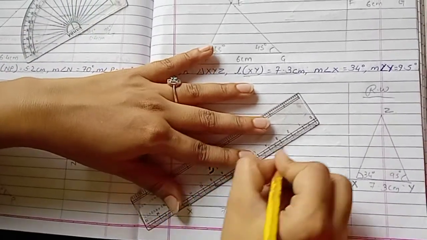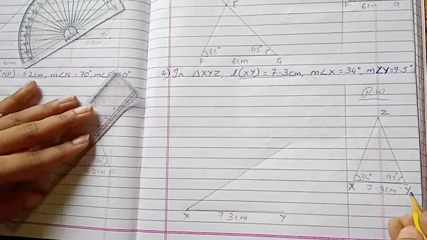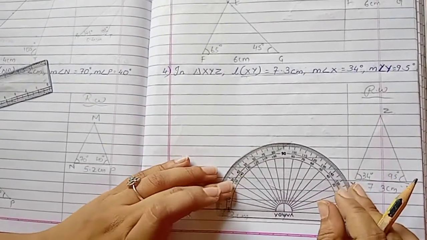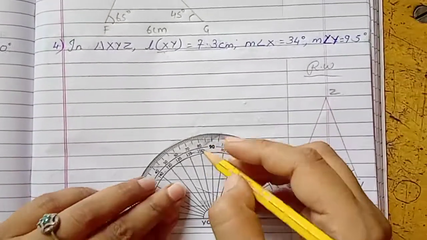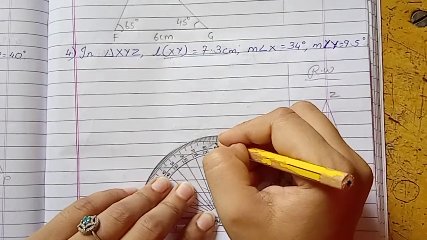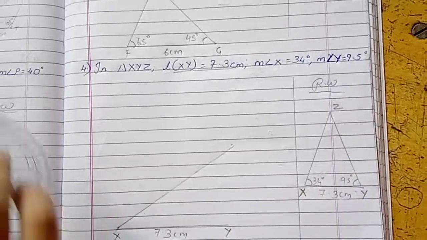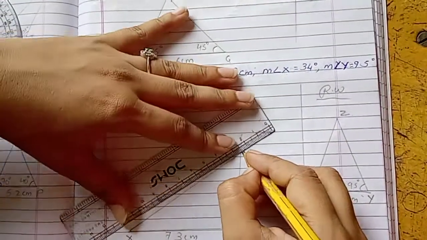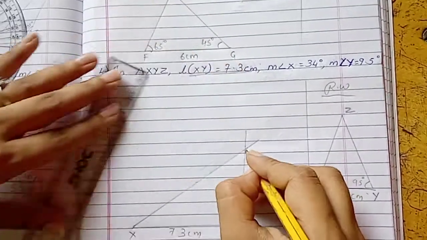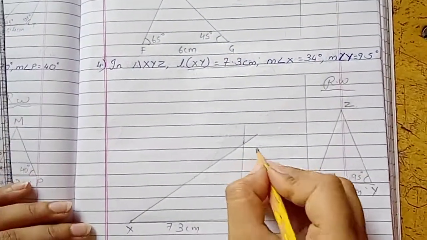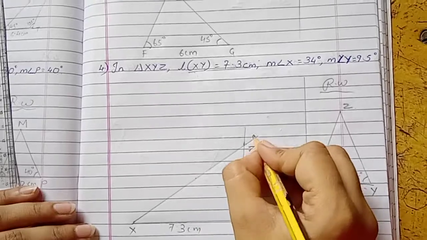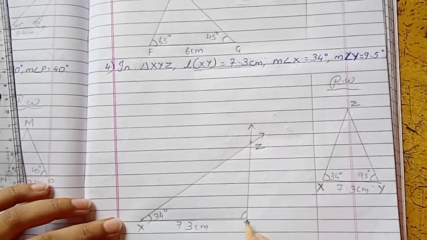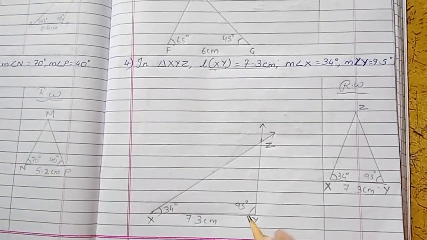So I will join this 34 degrees and 95 degrees on Y. So 95, here 90 and this is 95. So you have to join this. You have to extend this line because you have to show the meeting point, that is Z. And you have to write here 34 degrees, here 95 degrees.